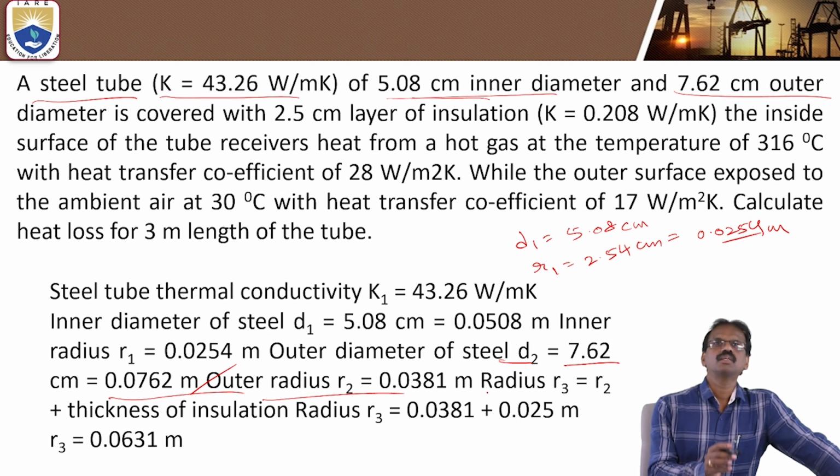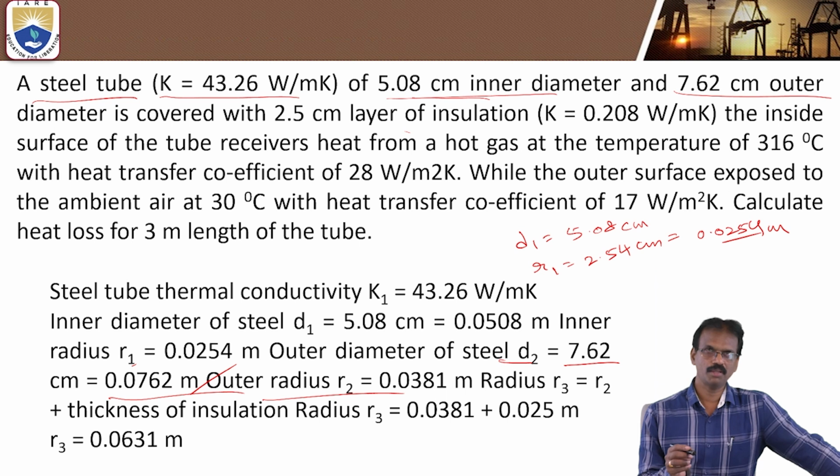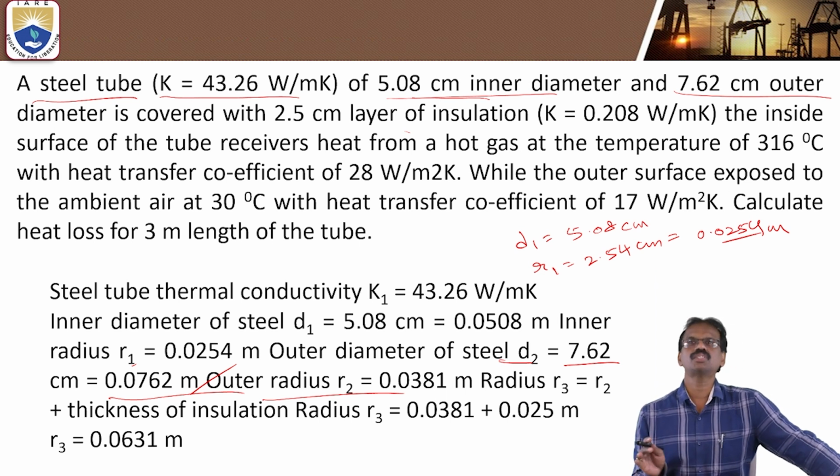Next, the steel tube is covered with a layer of insulation. The thickness of the insulation is also given. R1 is the inner radius, R2 is the outer radius of the steel tube, and R3 is the outer radius of the steel tube with insulation material.